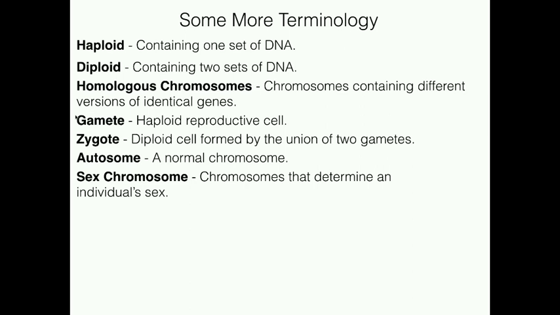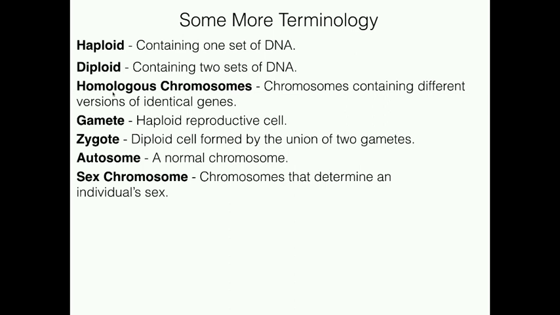So normally you have two chromosome 1s, two chromosome 2s, two chromosome 3s, all the way up, right? The gamete, the sperm or egg that you produce, is only going to have one chromosome 1, one chromosome 2, yada, yada, yada.